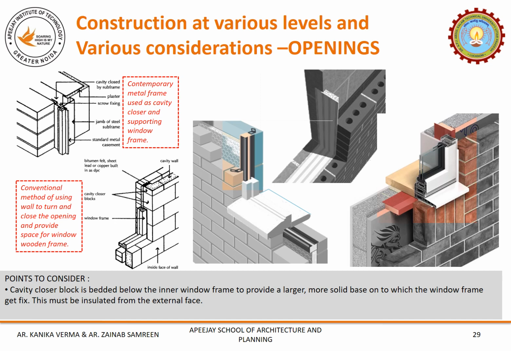We can see in the images, the top left image shows the use of a steel subframe to close the cavity, which has further details to fix the actual window frame. The image below it shows the use of the wall as a cavity closer, as we discussed in the previous slide.